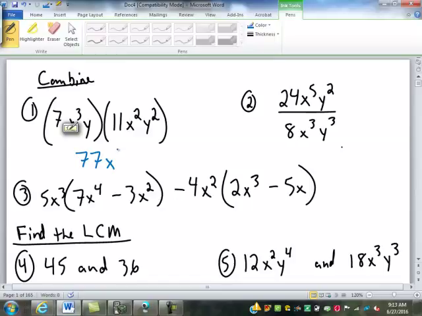So 3 plus 2 is 5. So x to the fifth. Now there's y times y squared, and the one thing we have to remember is what power is really on this y? 1. So this becomes y to the third, because 1 plus 2 is 3. So 77, x to the fifth, y to the third. Any questions on that one?